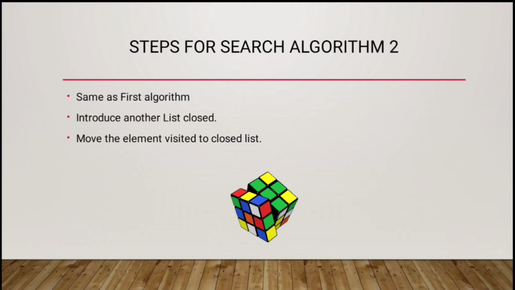So there may be a chance for us to go back to the original state. What the algorithm we are devising now is going to do is prevent us from going back to a state which has been visited already. By this, we can prevent some looping within the search.